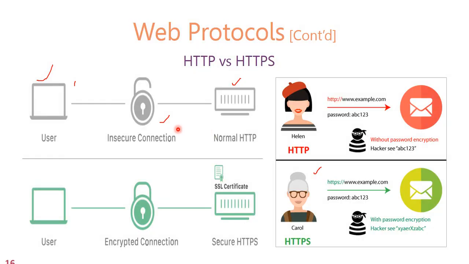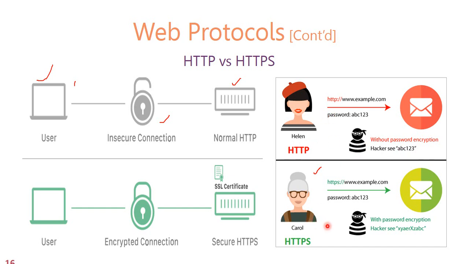Here is the pictorial view of HTTP and HTTPS. Here is the user and the connection between the user and normal HTTP. This is the insecure connection. Here Helen is the user and she is sending a message. The hacker will hack and see ABC123, which is the password of Helen. This is an insecure connection.